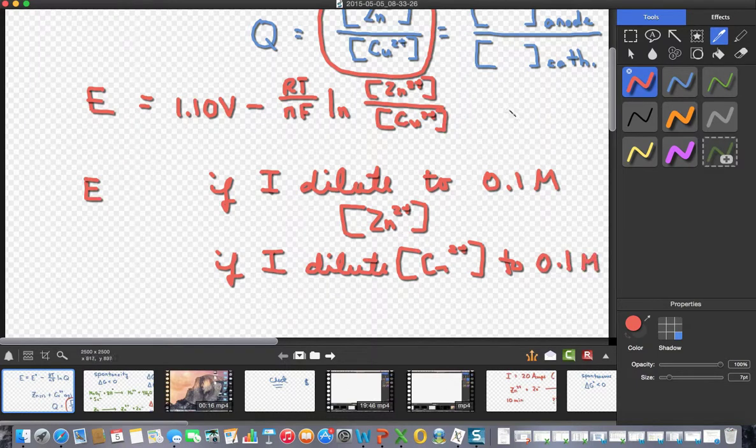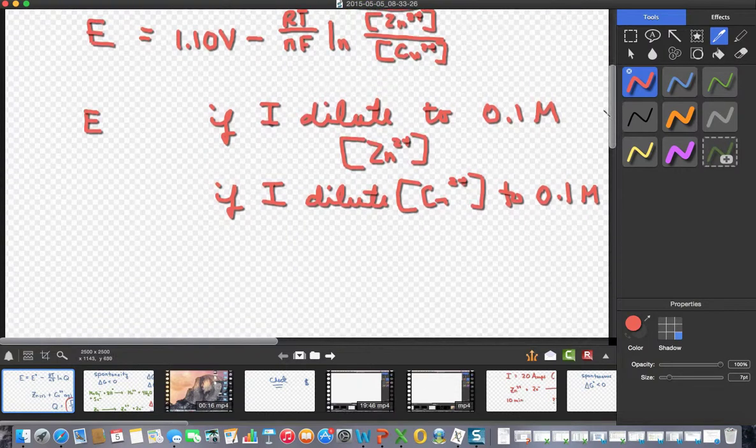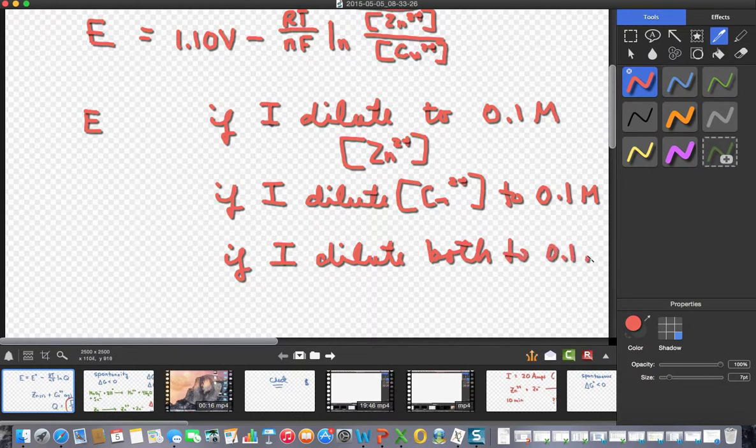Finally, let's look at what happens if I dilute both solutions to 0.1 molar. So let's go back to our equation.